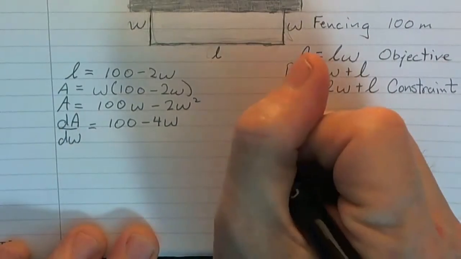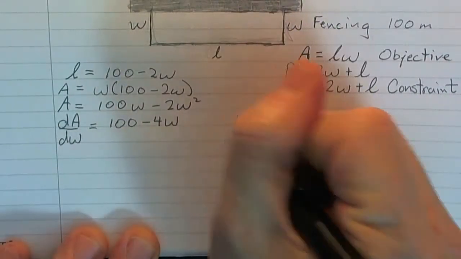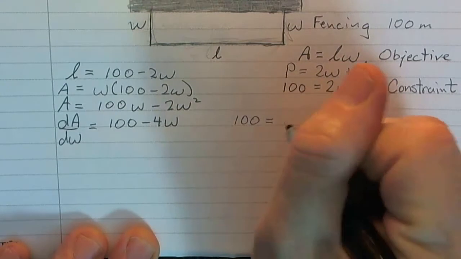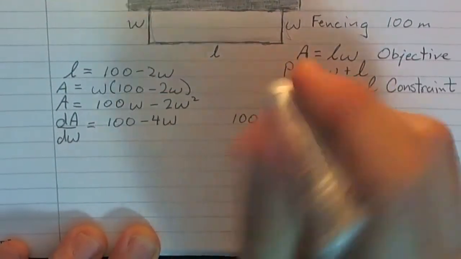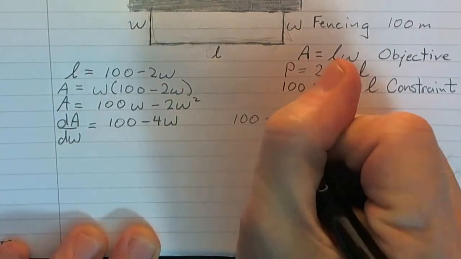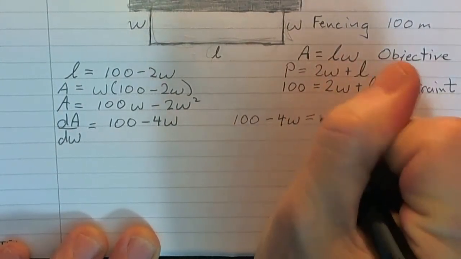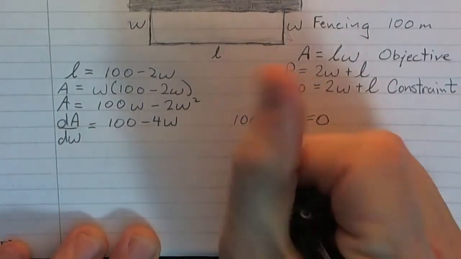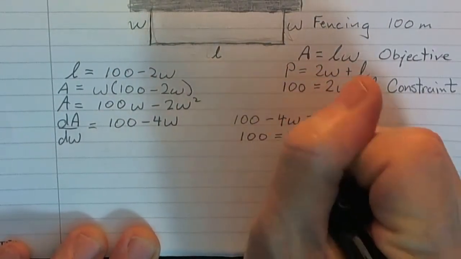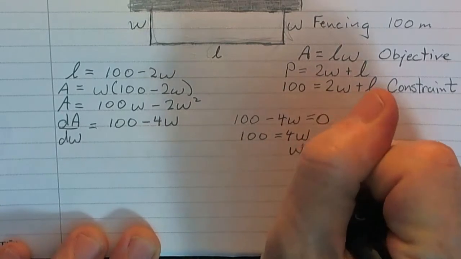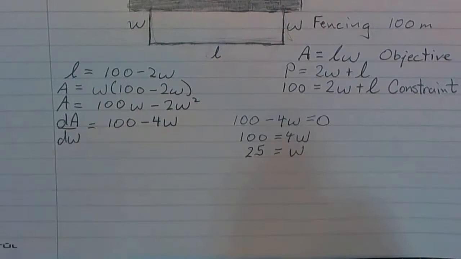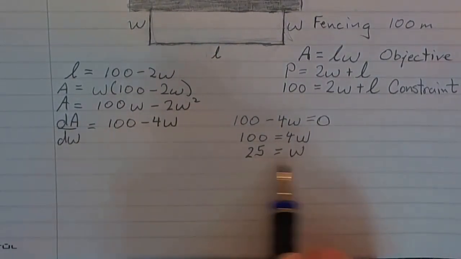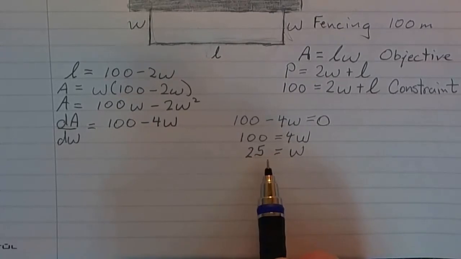Now, I set that equal to 0 because this is the derivative, and I want to set this equal to 0 to find the critical numbers. Remember, that's the process. So that's going to be 100 equals 4W, or W equals 25. So it looks like W is going to equal 25 meters.